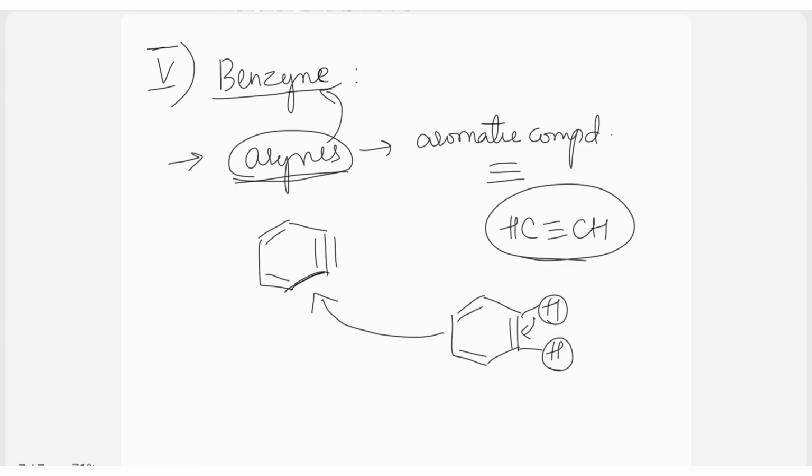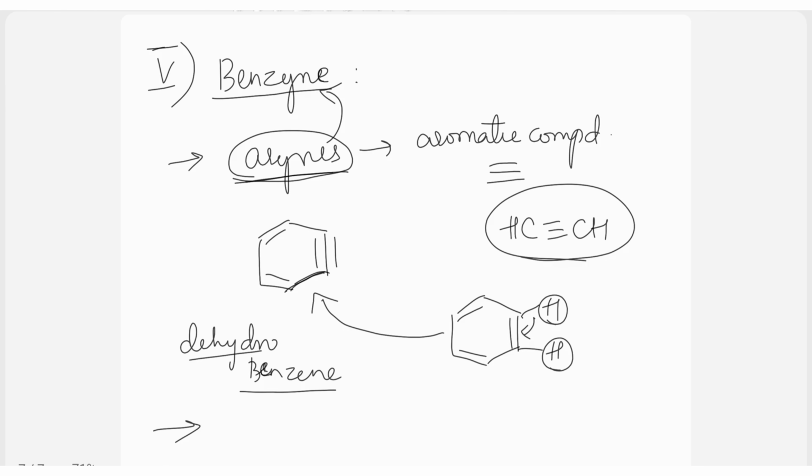Such a structure is benzyne. So what is the other name for benzyne? It is dehydrobenzene. When you remove two hydrogens from benzene, we can expect the formation of benzyne. So benzyne comes under the class of arynes, and it is also called dehydrobenzene.